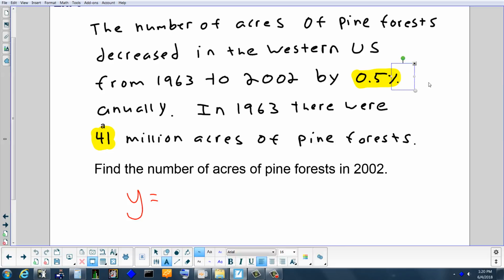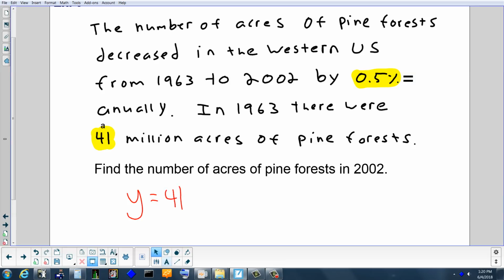What's 1963? A year, right? I don't care about that. So why are we putting 41 as our A? Initial amount. That's the initial amount we're starting with in 1963. I'm just gonna put a 41.